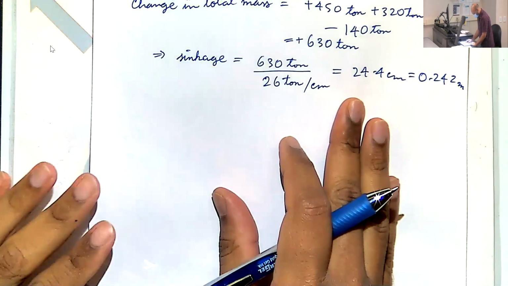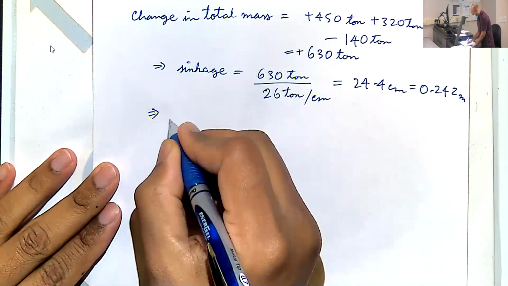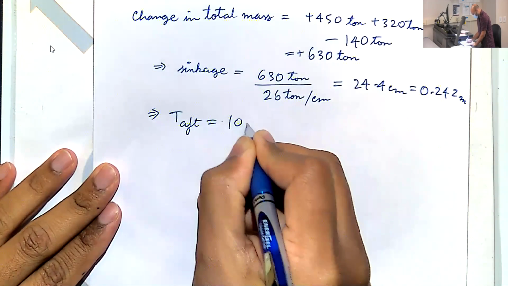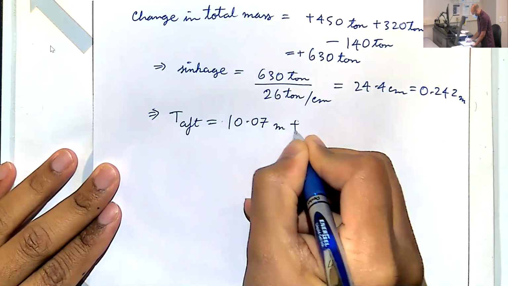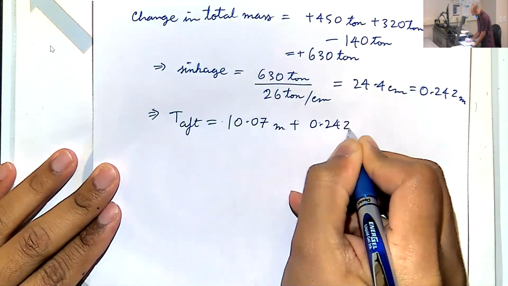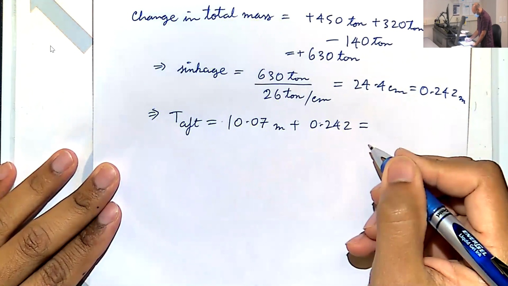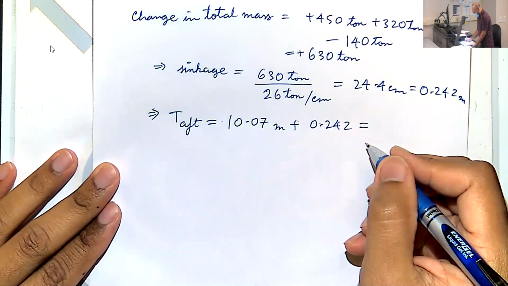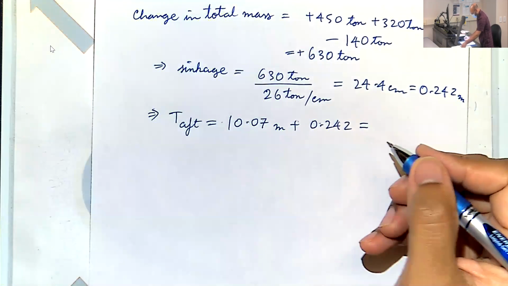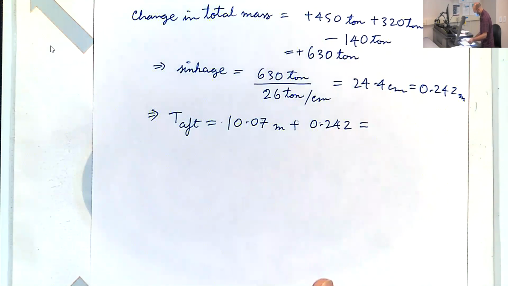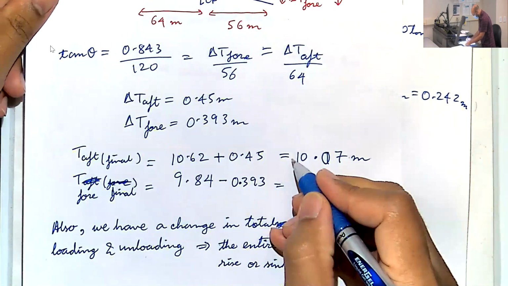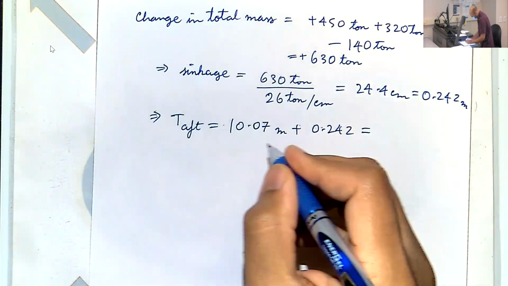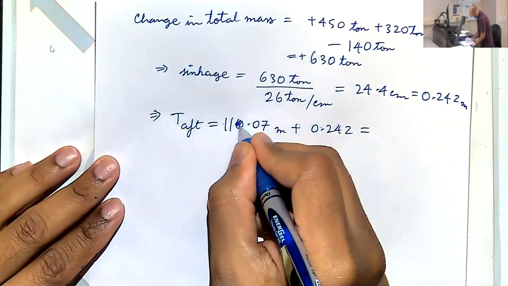So which implies we get T aft is 10.07 meter plus 0.242. Did I do this? I think it should be 11. Yeah, so it should be 11. Sorry, this is 11, not 10. 11.07 meters plus that.